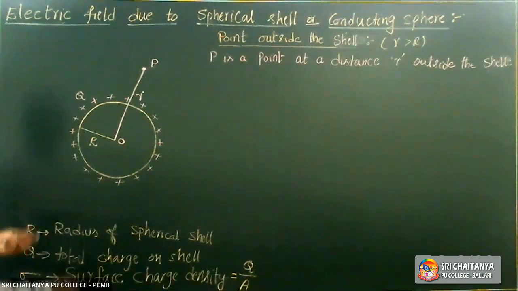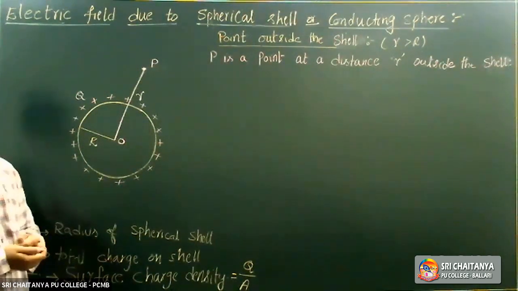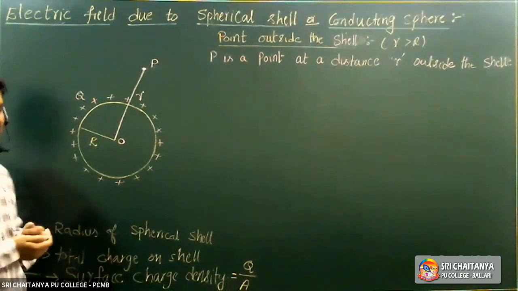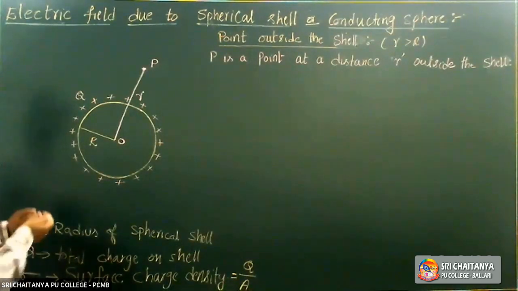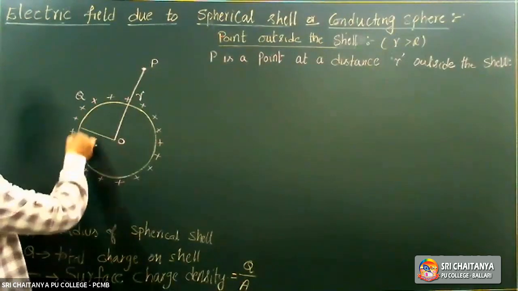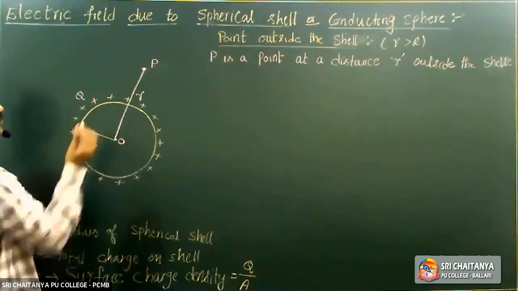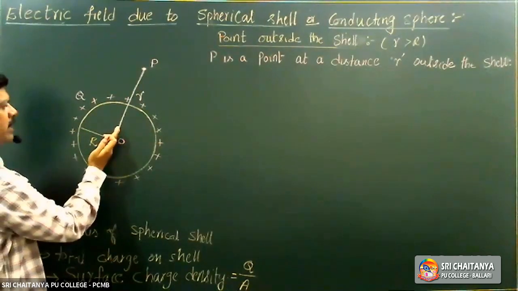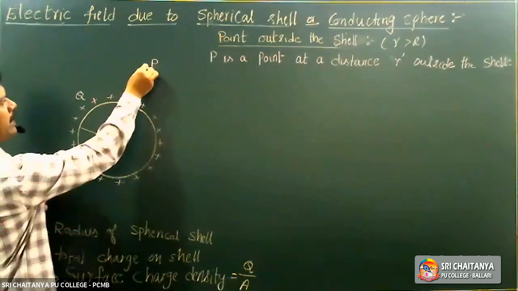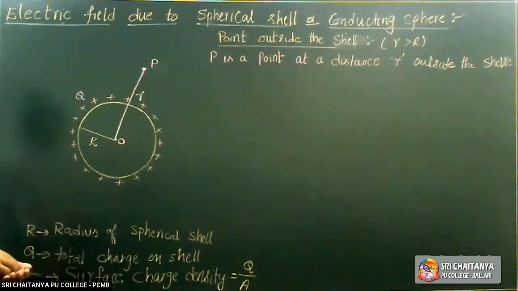Let us use Gauss law, they said. For using Gauss law, we know the procedure. I said this is just like a point charge which is supposed to be concentrated at the center. See the field direction. First step is what? At point P, what is the field direction?